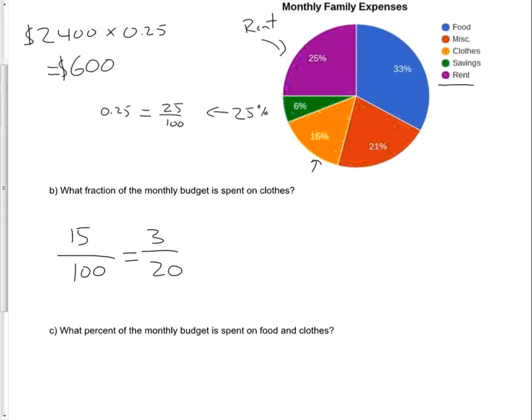So as a fraction in lowest terms, I end up with 3 over 20. That is the fraction of the monthly budget that is spent on clothes. You always want to write your fractions in lowest terms.